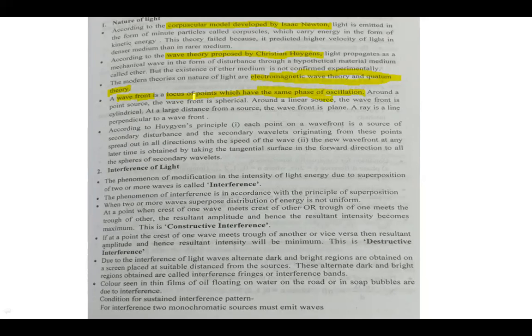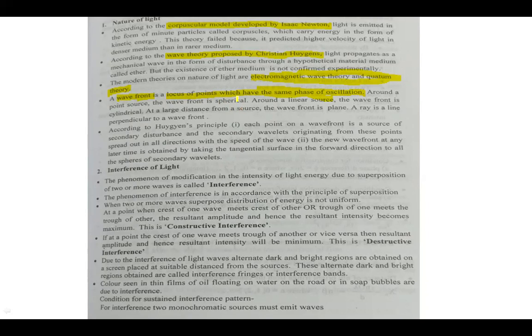We have three different types of wavefront: spherical, cylindrical, and plane. If the source of light is a point source, then the wavefront is spherical with its center at the source.